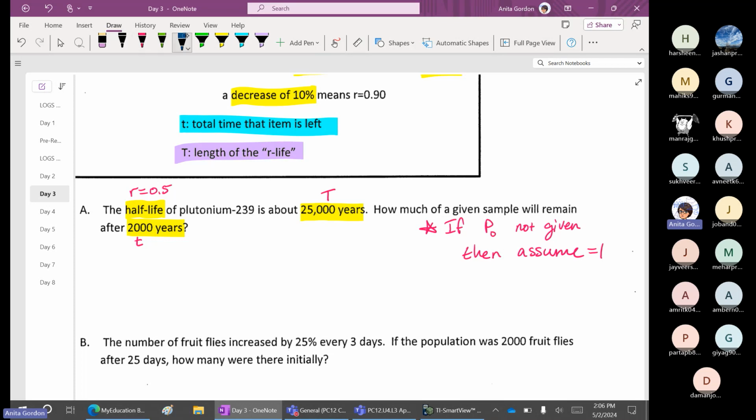Okay, so looking at the final amount, we start with 100% or 1. Our rate is 0.5 because it is decaying, half-life. Our exponent is 2000, our chosen value, over 25,000, our given value.